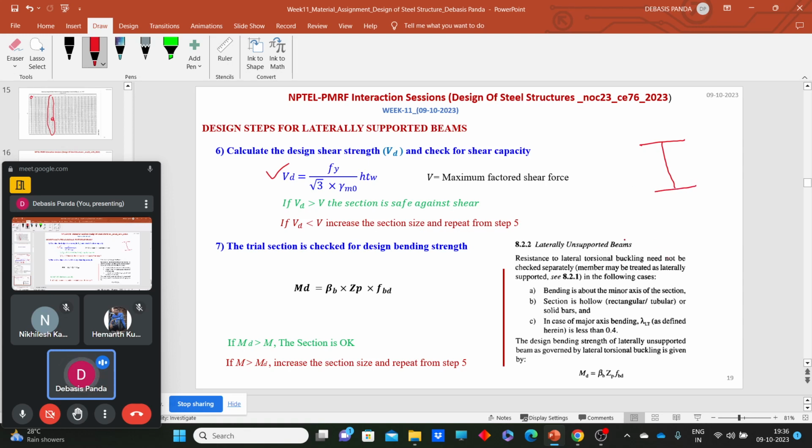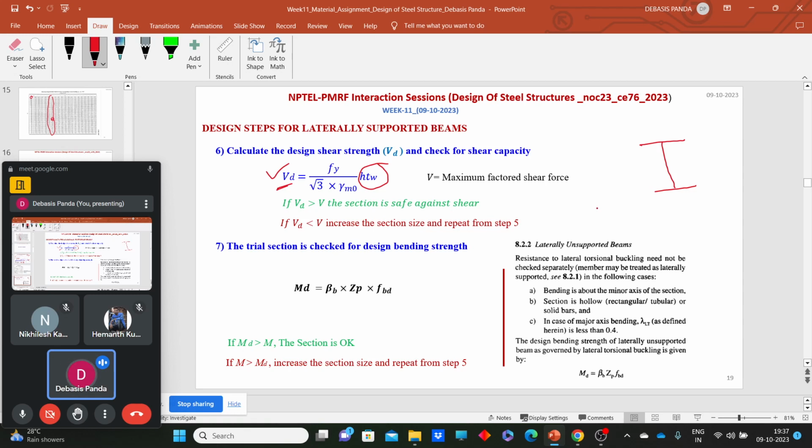So for an I section, obviously the shear area should be equal to H into TW. So this is the design shear capacity of the section you have selected for designing that beam.